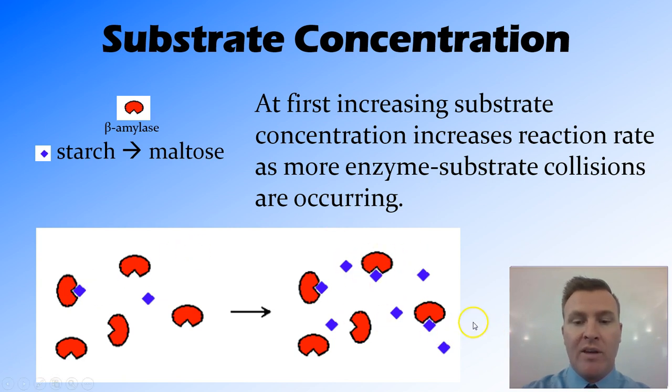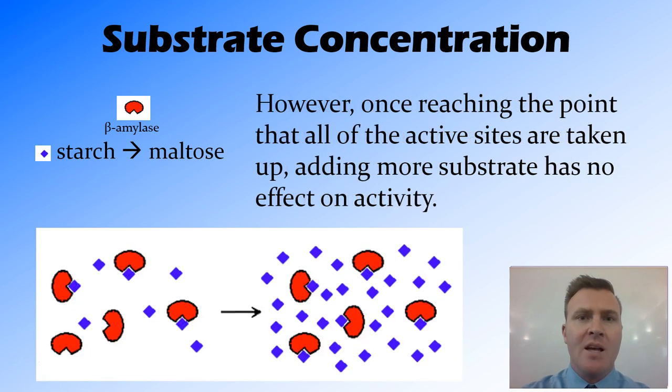While here, enzymes are the same, but we've increased the amount of starch molecules. So the collisions are going to occur quicker, and therefore the enzyme activity is going to increase with an increase in substrate concentration. However, eventually you get to a point where all the enzymes are bound with the substrate into an enzyme substrate complex.